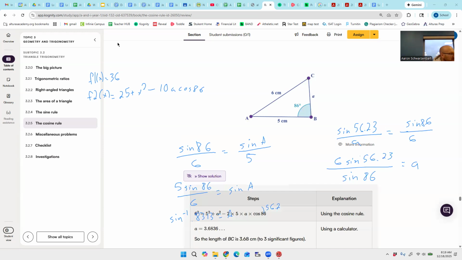Did I enter this in right? No, it's supposed to be 6 times sine, not 2 times sine. You get 5? Why do we get a different answer?